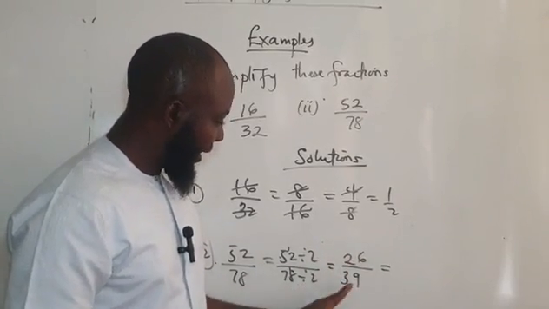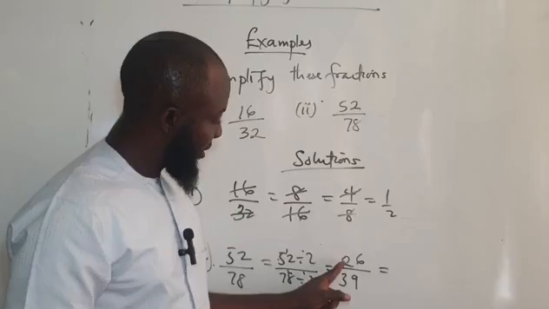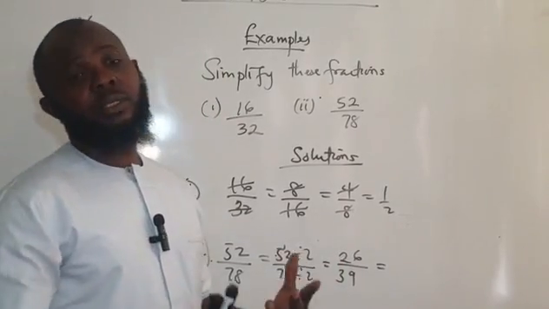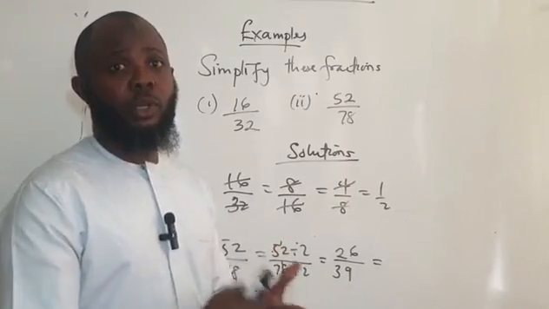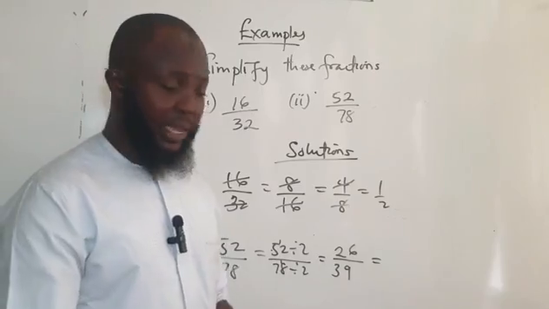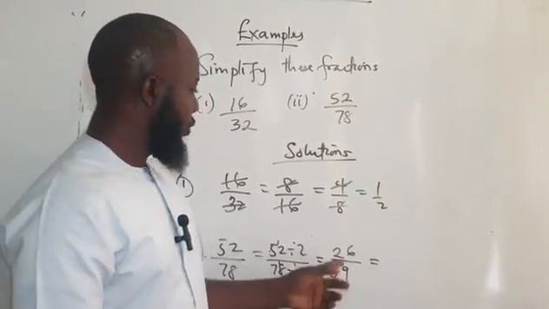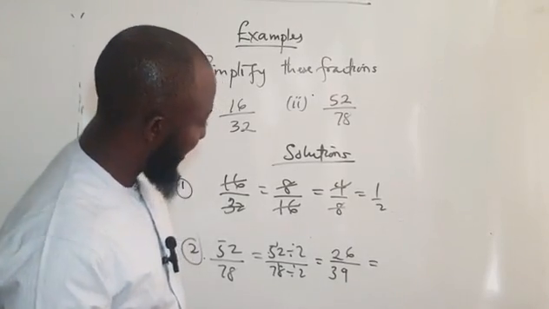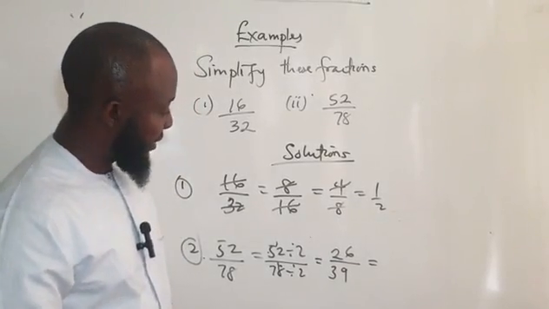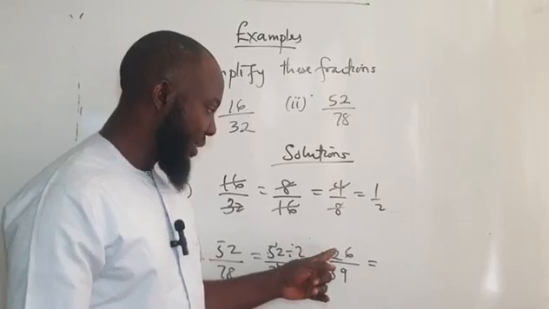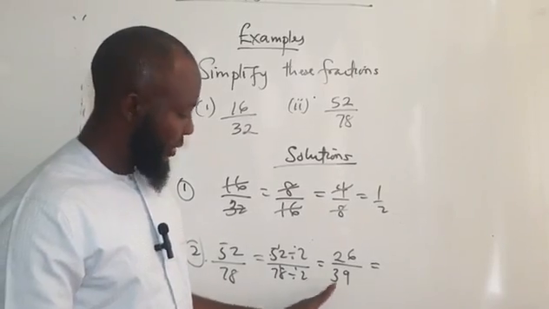Okay, can 3? 3 can divide 39. What about 26? Can 3 divide 26? How do you know that 3 can divide it? When you add the digits together, if it gives you a multiple of 3, it means 3 can divide it. So 2 plus 6 is 8. 8 is not a multiple of 3. Is that clear? So that means 3 cannot divide. So what can divide? If you look at 26, 7 cannot divide, 5 cannot divide. The only number that can divide 26 here is 13. Can 13 divide 39? 13 can also divide.